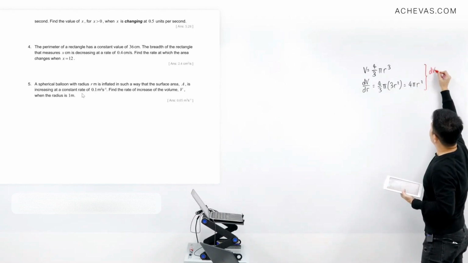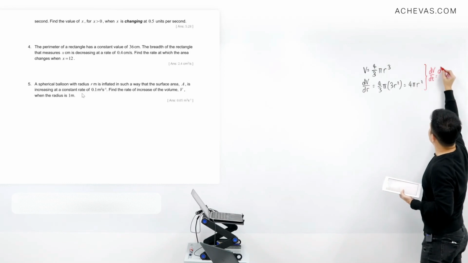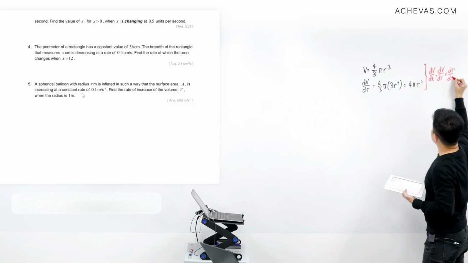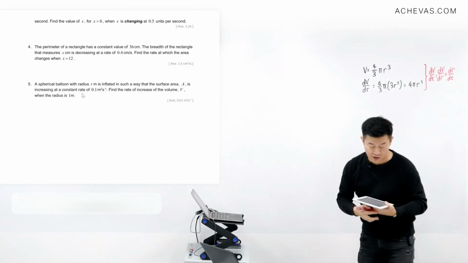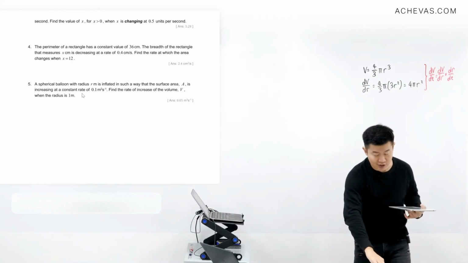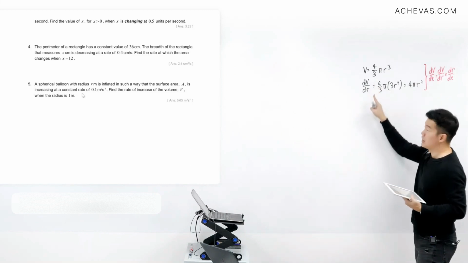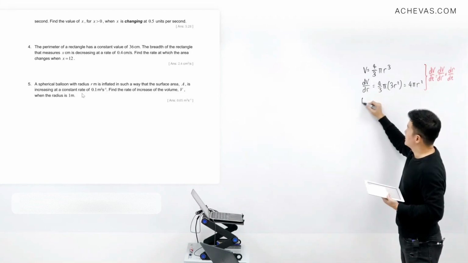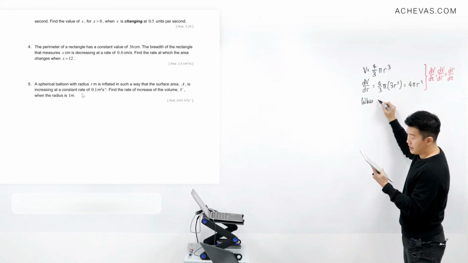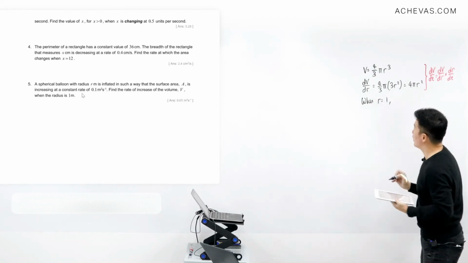So what I plan to do is to apply the rate of change equation. Customizing it for this question, dV/dt is equal to dV/dr times dr/dt. It seems to be quite okay so far, right? Because I'm using an equation that I'm used to, and we can differentiate it very easily. The specific condition we are looking at is when r is equal to 1.